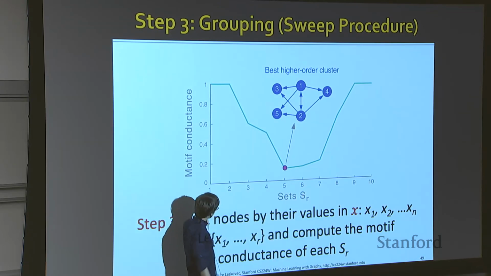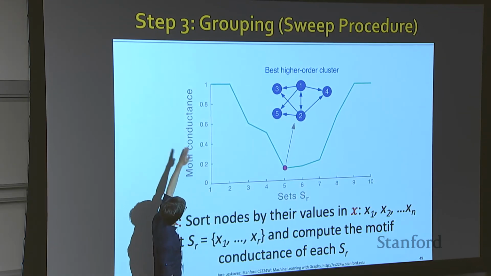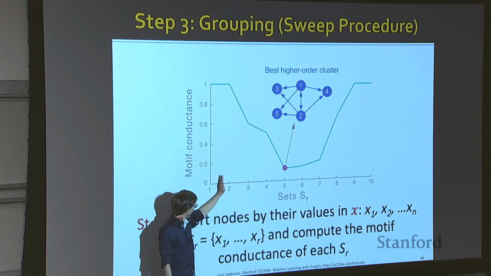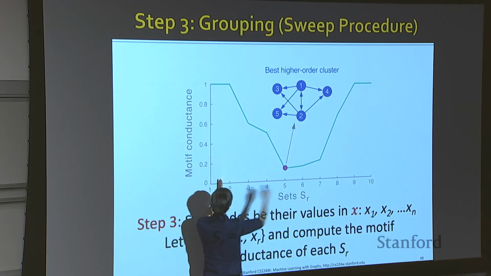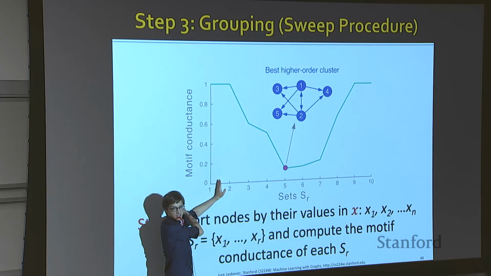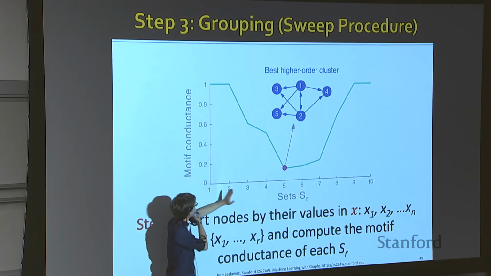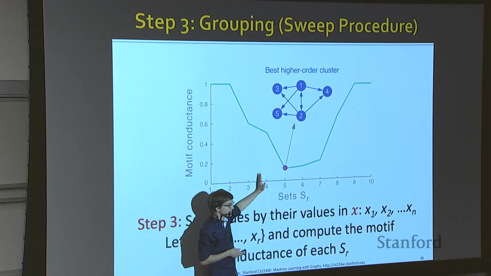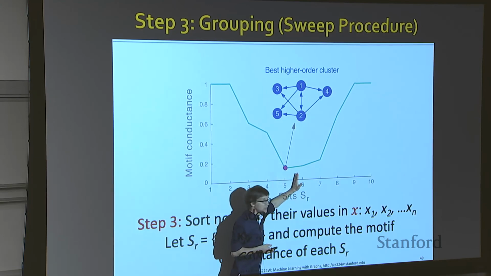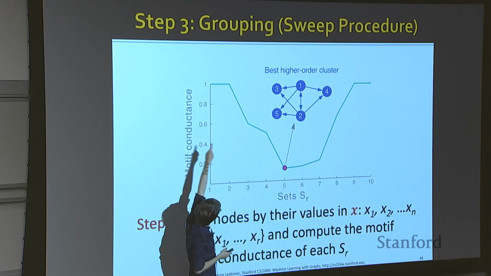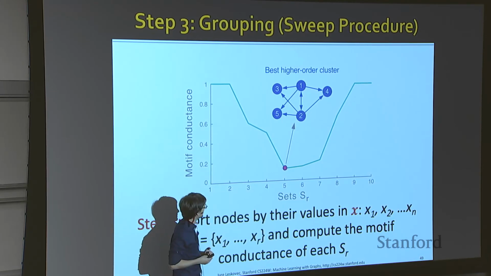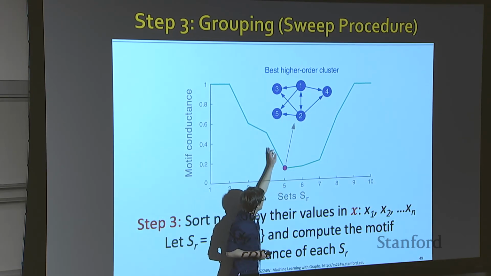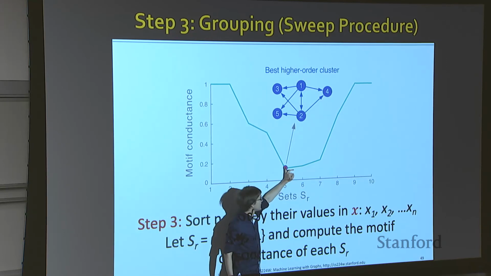And then what this is trying to show is what is the motif conductance if I only take the first node and say this is the cut, this is the rest of the network. Or if I take the first 2, or the first 3, the first 4, 5, and so on. What you notice if I plot this, which is called the sweep procedure, is that the value of conductance is minimized here.